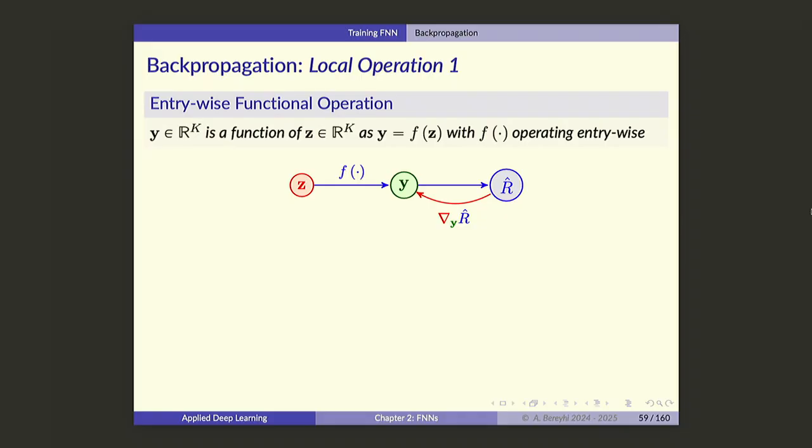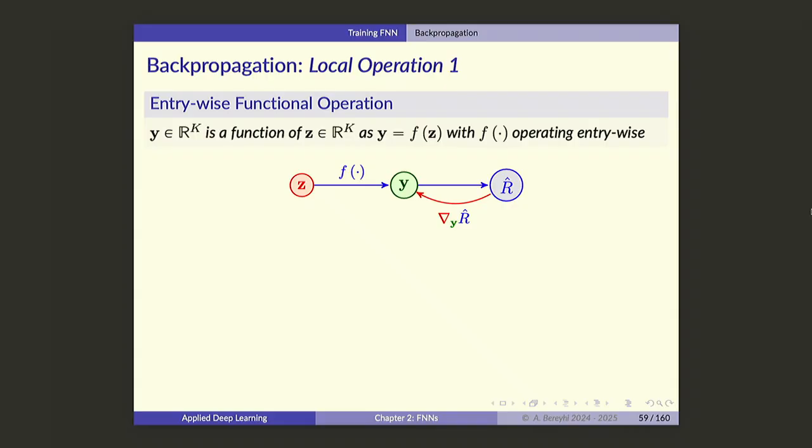What is the gradient of r hat with respect to z? Why should it be a matrix? No, think about it. R hat is a scalar function, and it's coming from z. If you compute the gradient of r hat with respect to z, forget about all of the in-between. Y is a vector, k-dimensional. Look at the whole thing as a one-shot process.